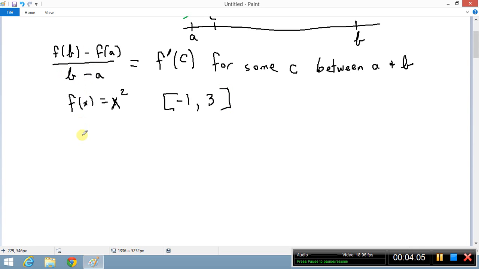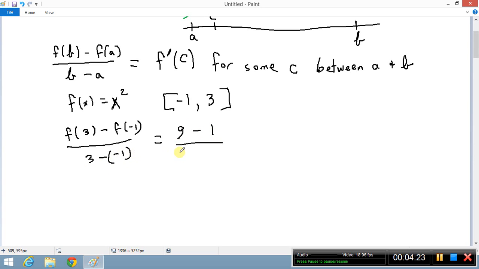Well, what would the average rate of change be? That would be f of 3 minus f of -1 divided by 3 minus -1. So that's going to be f of 3, which is 9, minus f of -1, which is 1, divided by 3 minus -1, which is 4. So this is 8 over 4, which is 2.